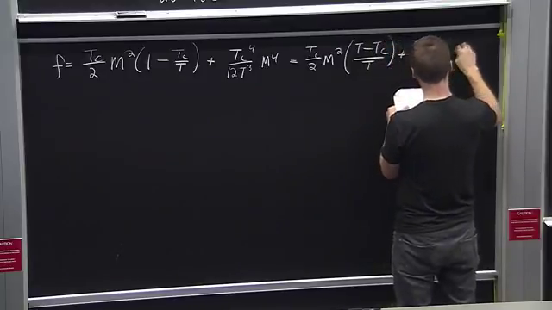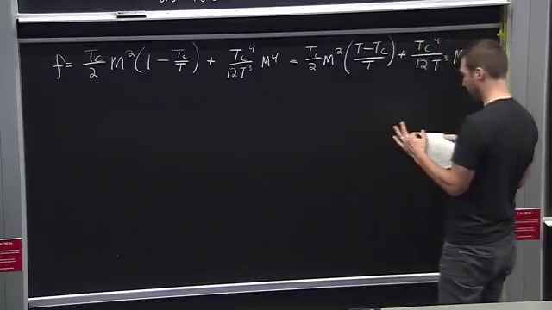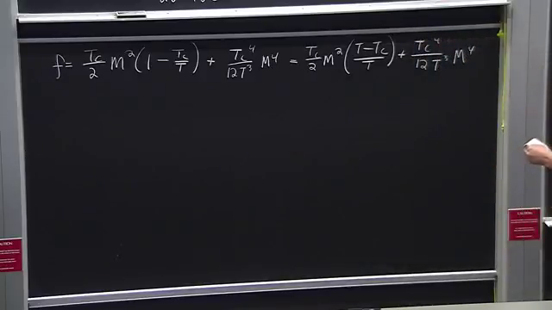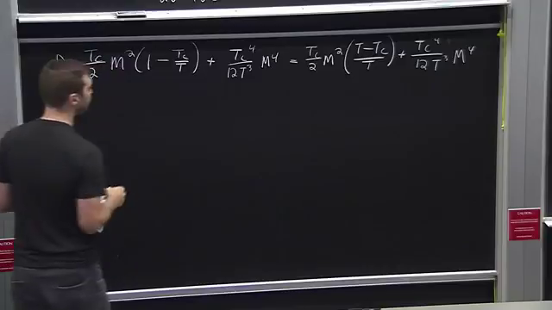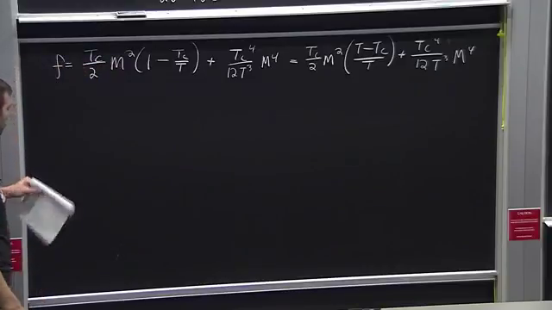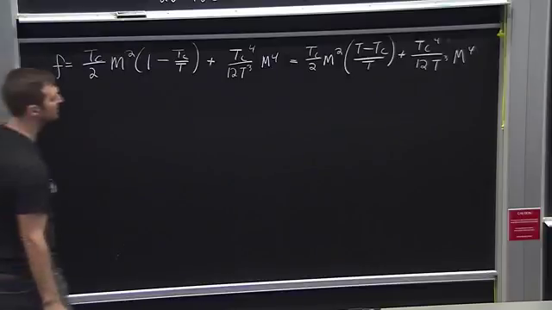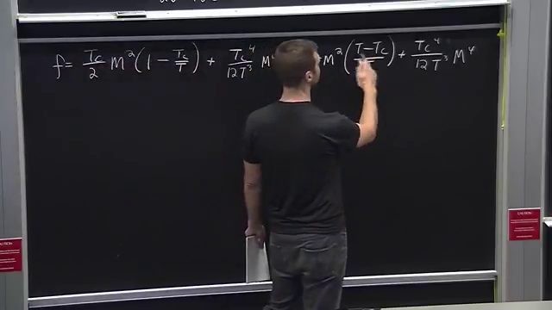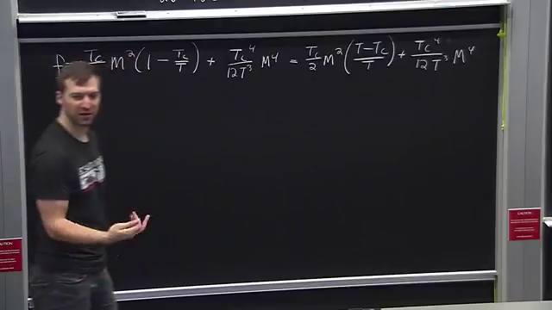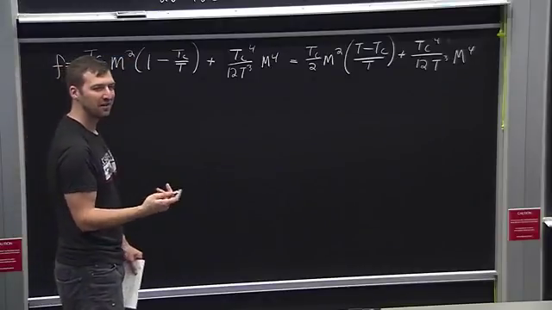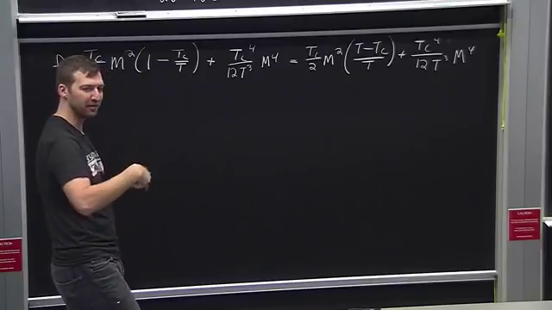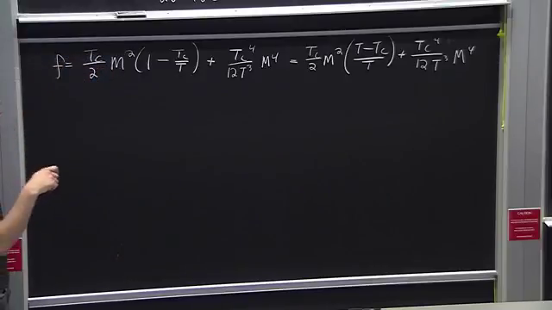Of T cubed M4. I'm just trying to write this as T minus TC. Near TC, the only thing that really matters is this difference here, right? Near the critical temperature, that's your parameter that's changing, going from positive to negative. Remember these free energies that I drew last time.